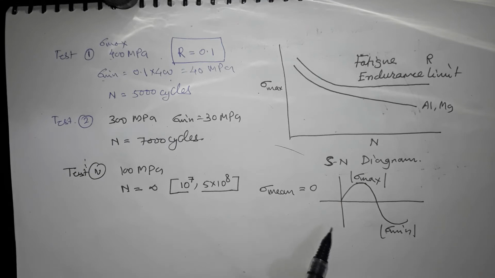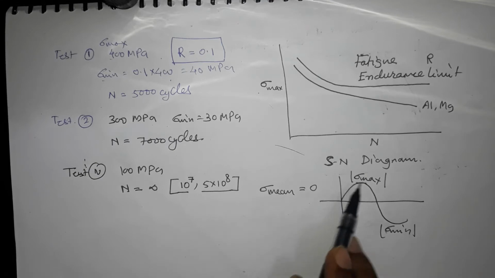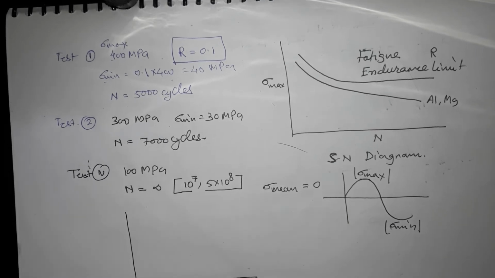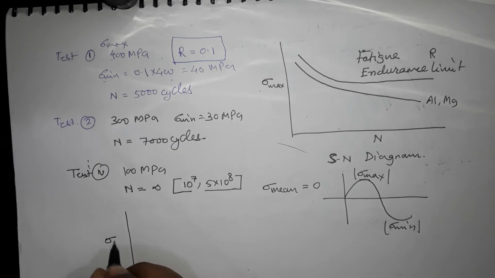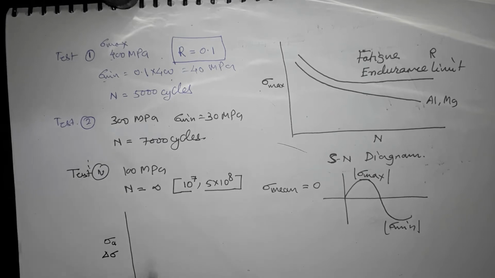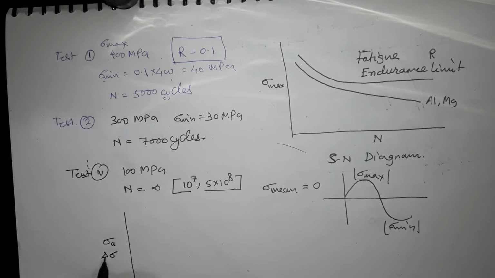But if this is not the case, if there is no complete reversal of stress, then the diagram is plotted between the amplitude of the stress versus number of cycles. Sometimes it is delta sigma. So delta sigma will be double the amplitude of stress.